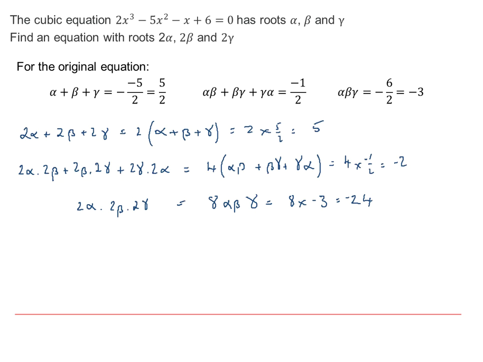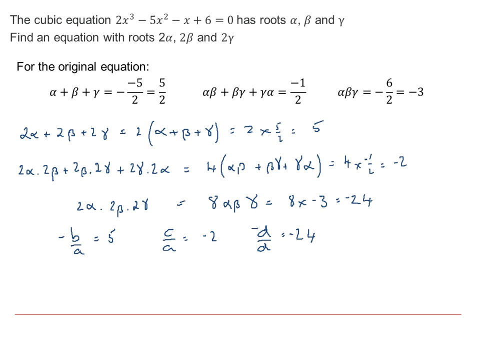So we can see from those then that negative b over a for our new equation is going to be equal to 5. C over a is negative 2, and negative d over a, beg your pardon, is equal to negative 24.